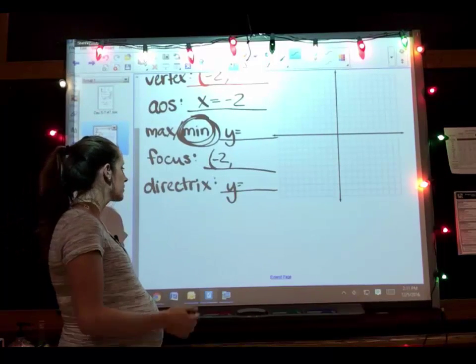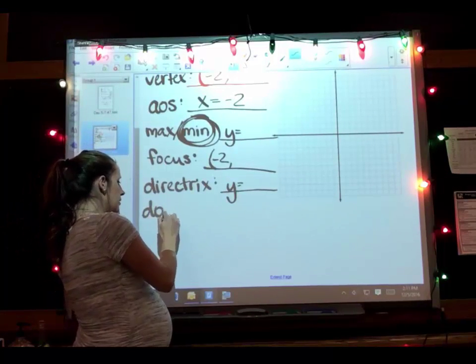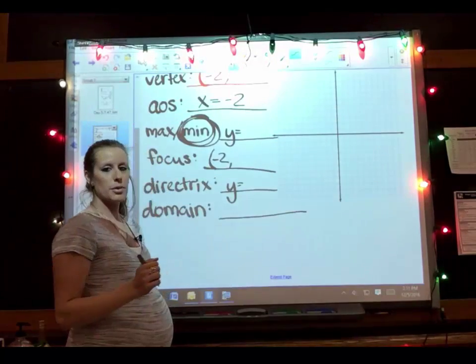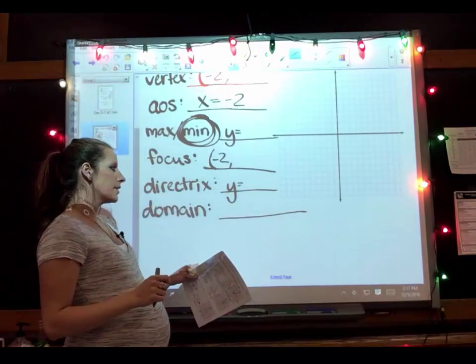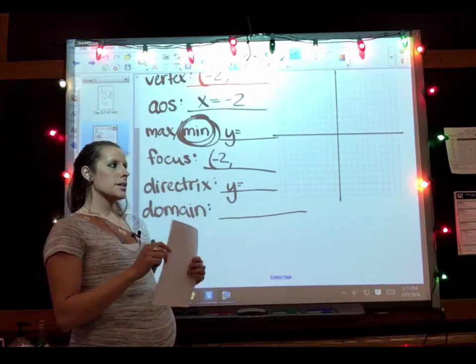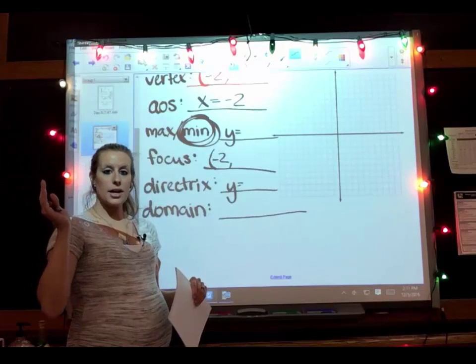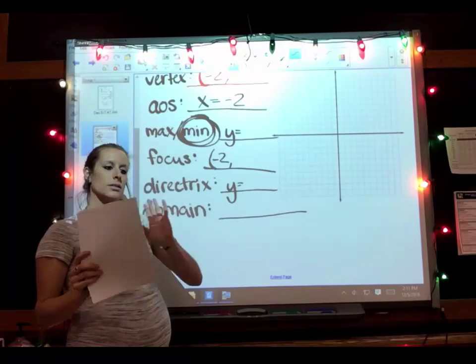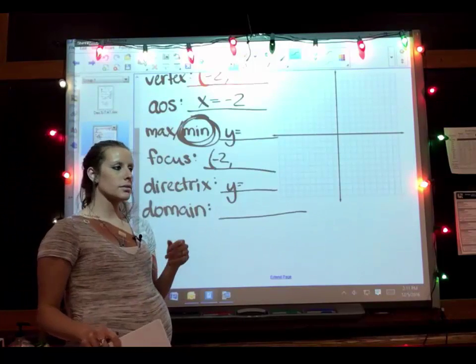Okay, our domain. If you remember from before, domain for parabolas will always be all real numbers because it's always going to go to the left forever and ever and then to the right forever and ever, no matter if it's moved left, right, up, down, flipped, it doesn't matter.